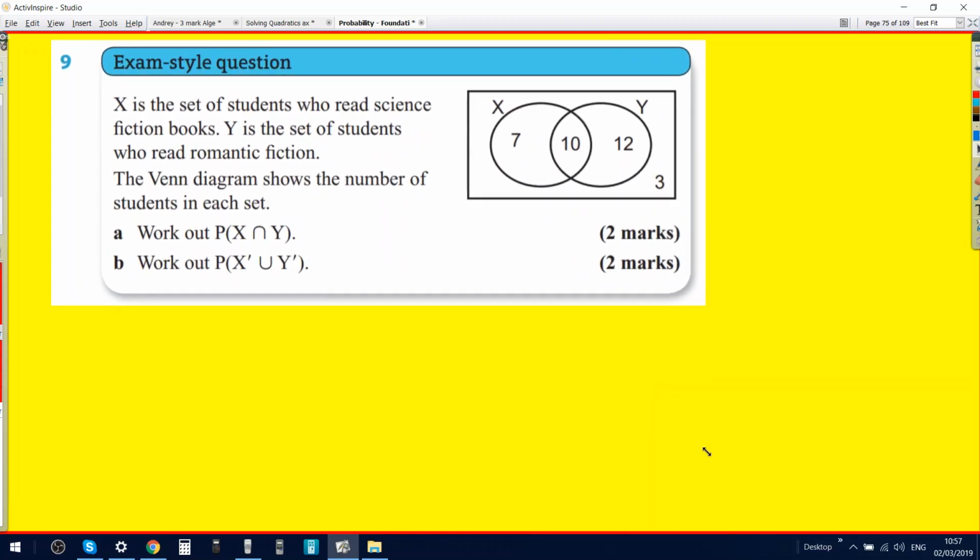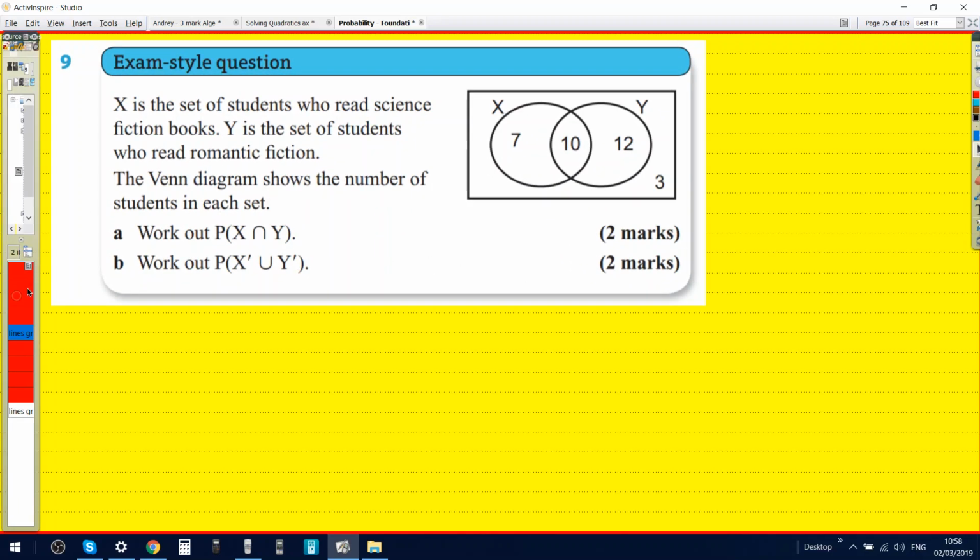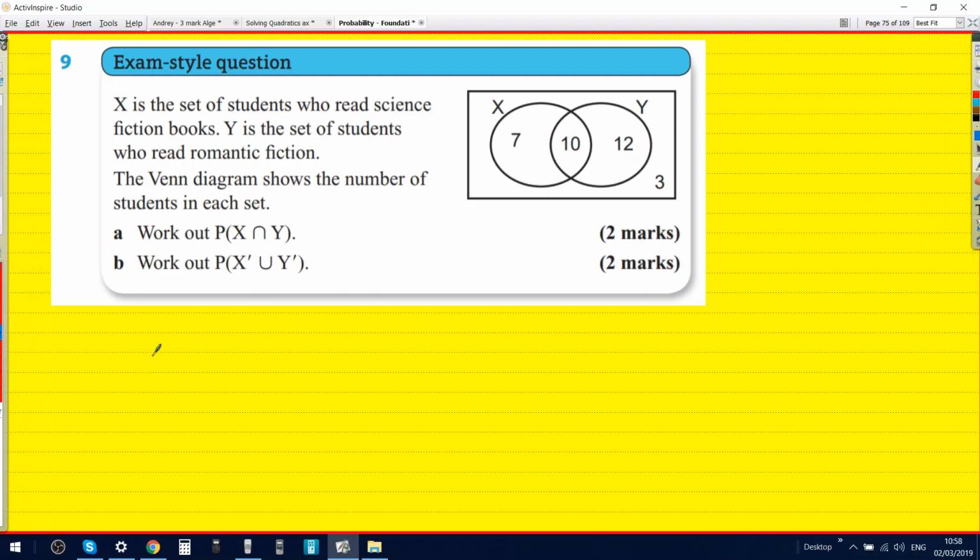So the total is 9, 14, 22, 30. So the total is 32. Mm-hmm. A would be the probability of X and Y. So that would be 29 over 32.